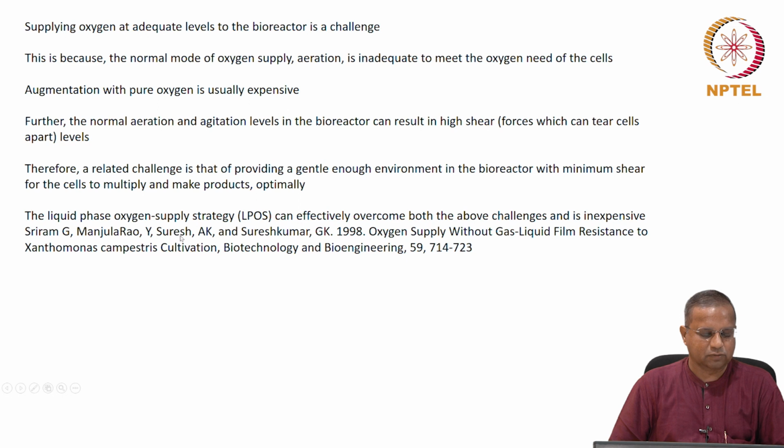Sriram, Manjula Rao, A.K. Suresh and myself. I was the corresponding author here. Oxygen supply without gas liquid film resistance to Xanthomonas campestris cultivation. This was published in Biotechnology and Bioengineering, which happens to be the most prestigious journal in our field of biological engineering in 1998. The details are given here.